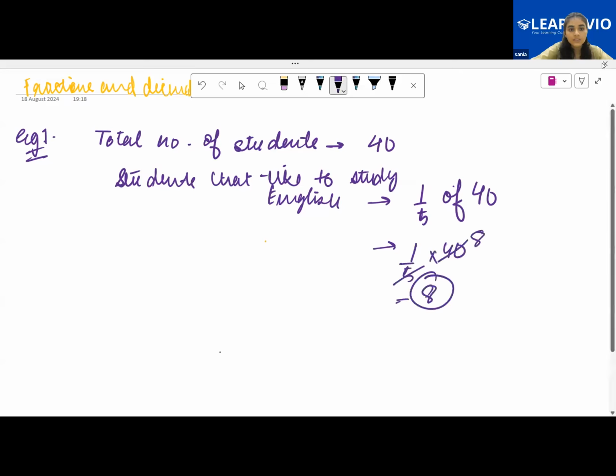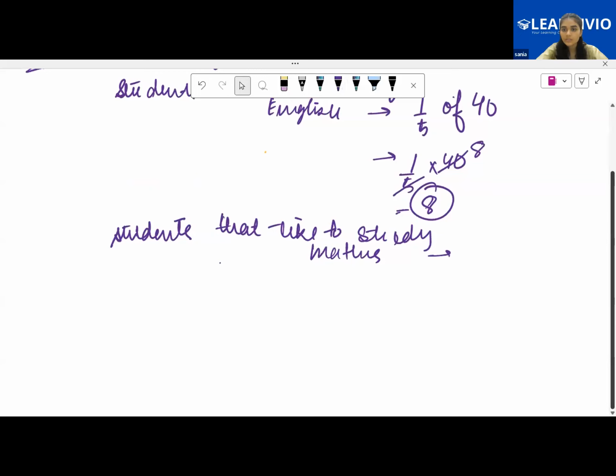The next is the students that like to study mathematics. It's given, it's 2 by 5 of the total number of students. So first of all, can you frame a statement? 2 by 5 of total number of students, what will be the equation?